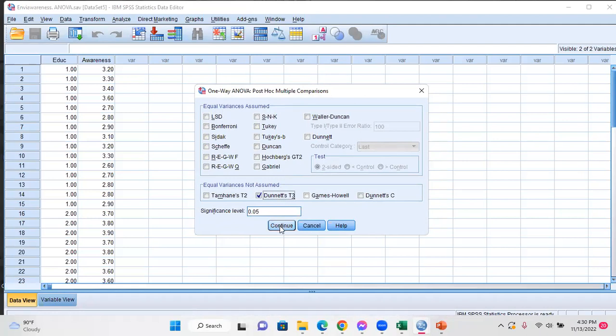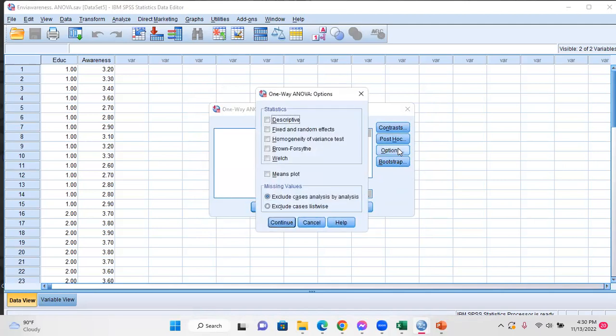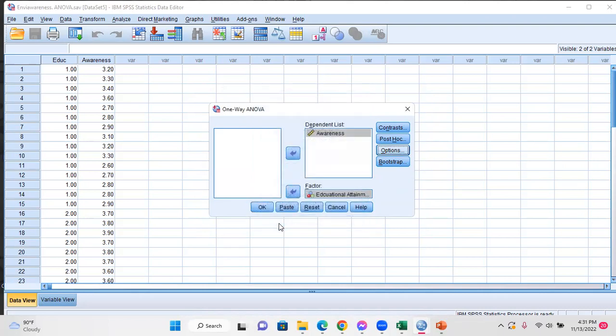Click continue. Then options. Okay, click descriptive. Kaya i-click natin descriptive so that we will know the mean, kung sino ang mas mataas na environmental awareness. Continue. And then click OK.